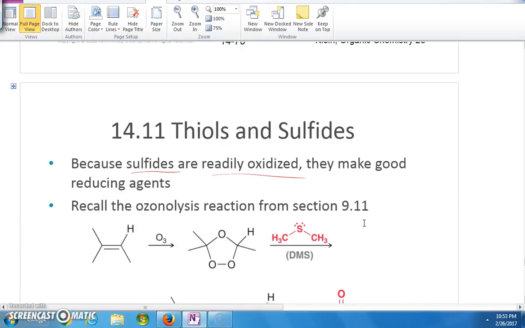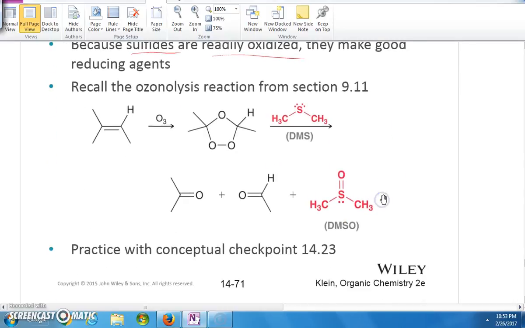Now, because sulfides are readily oxidized, they make good reducing agents. That's why we use DMS to convert this molozonide to the corresponding carbonyl compounds and DMSO. If you think about it, this can attack like this, this is going to break like that, and this is going to break like that.